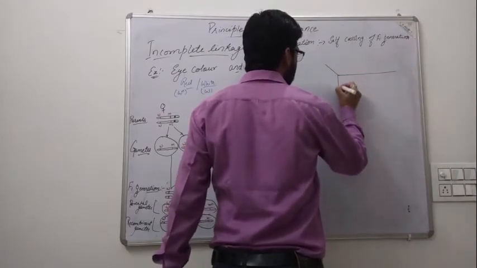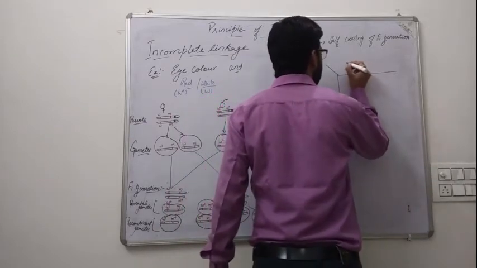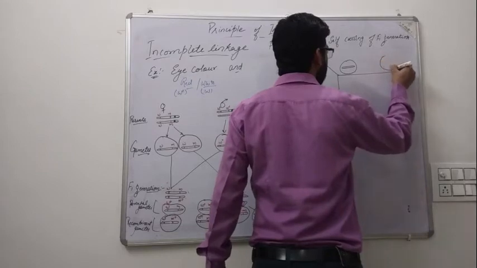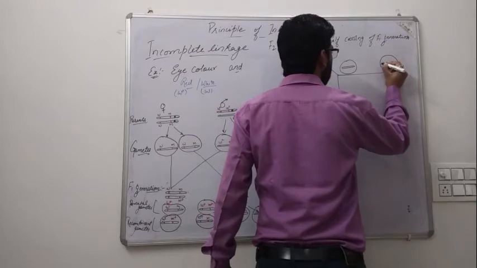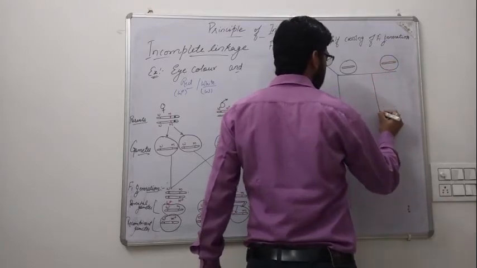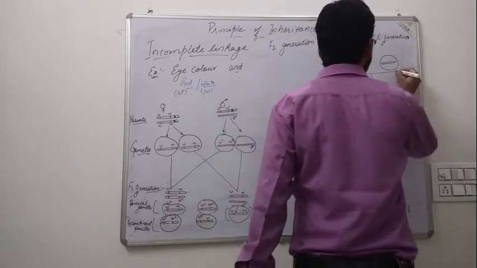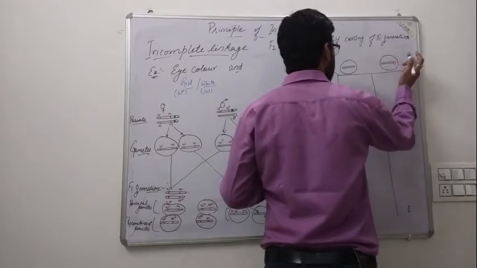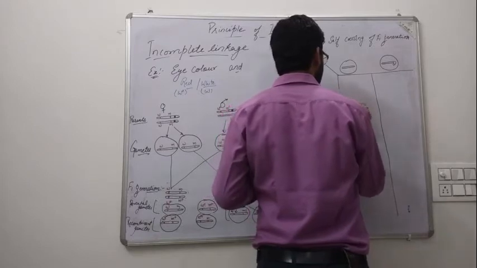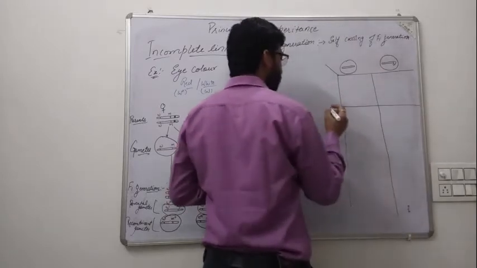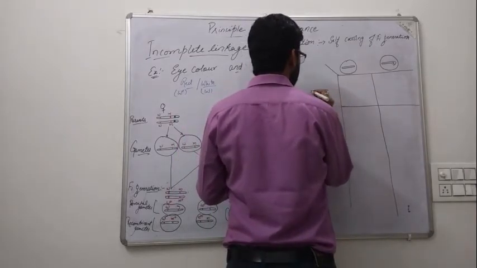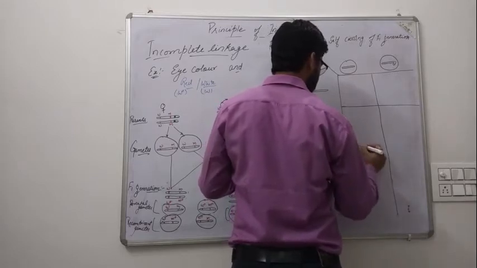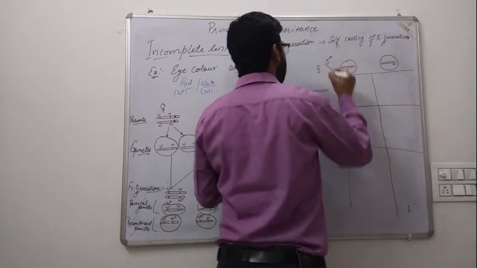We make a Punnett square for this. Here we put the male gametes, and on this side the female gametes.